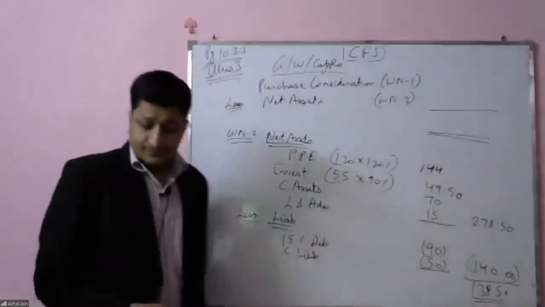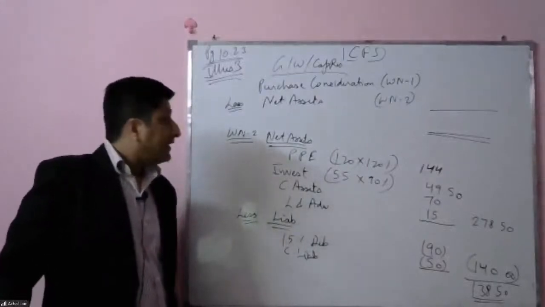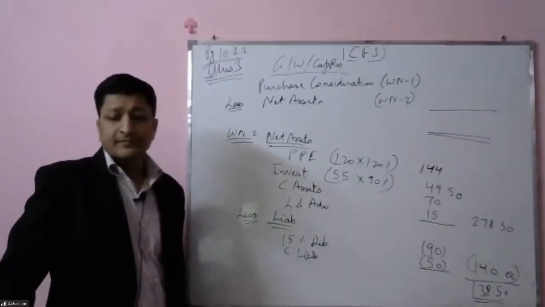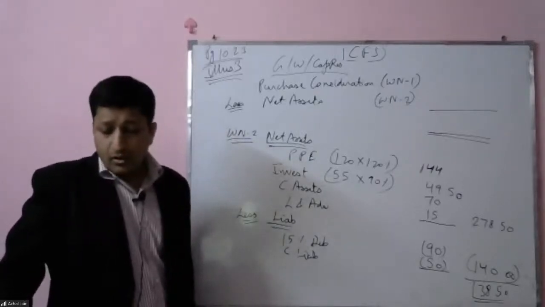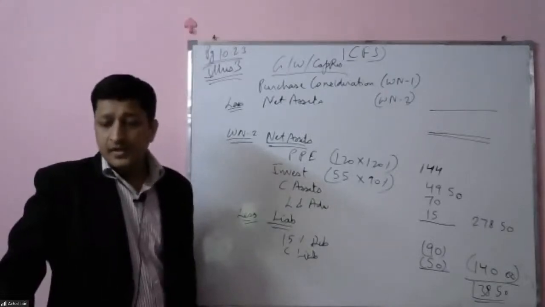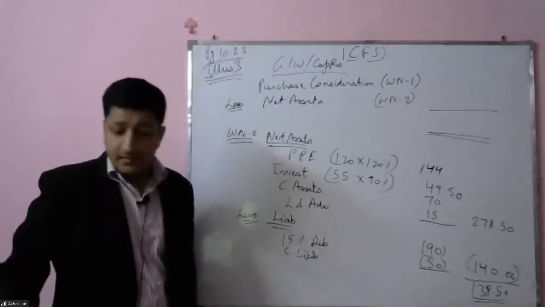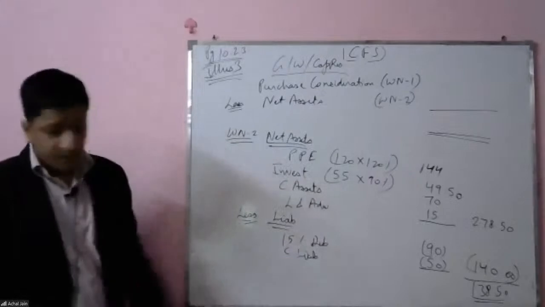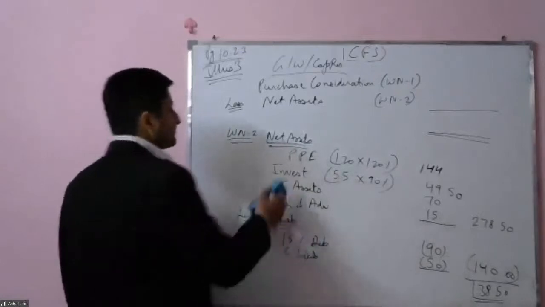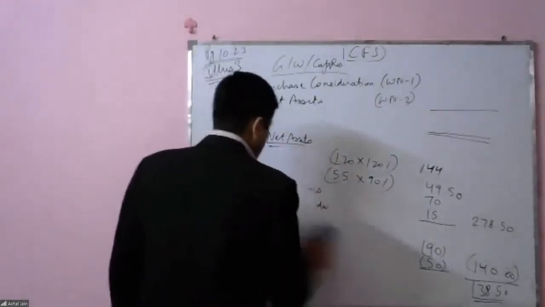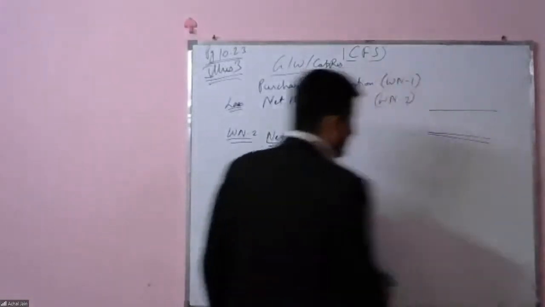Now 138.5 is the total net assets of the subsidiary. Now, what's the portion of X Limited in this? 70%. 70% of this belongs to X Limited. So out of this 138.5, what is the proportion that X Limited will pick up? 138.5 into 70%.